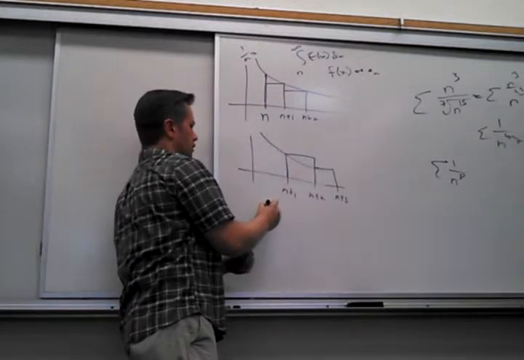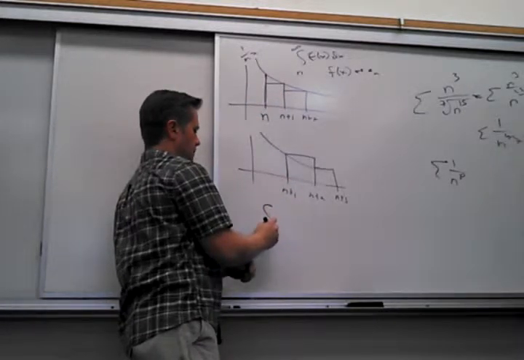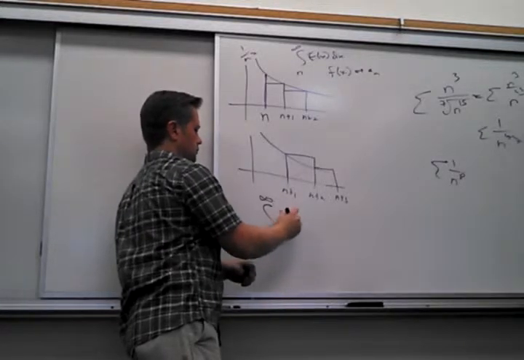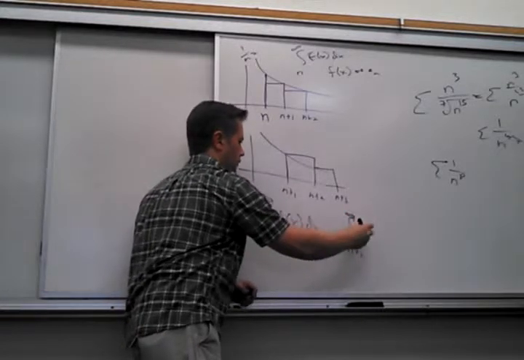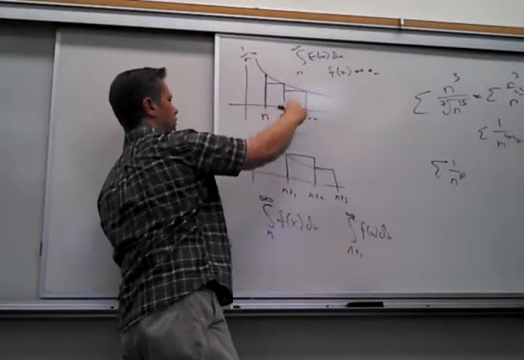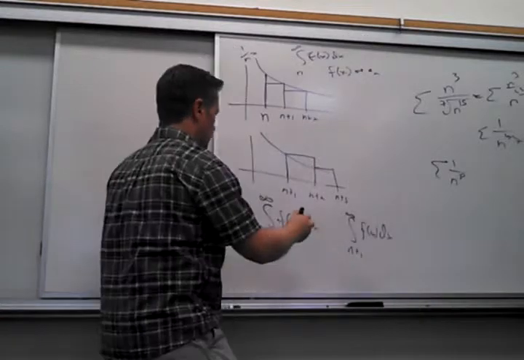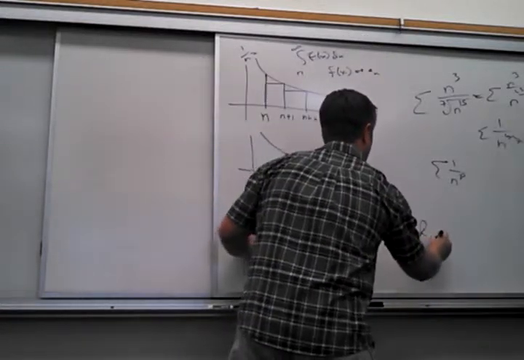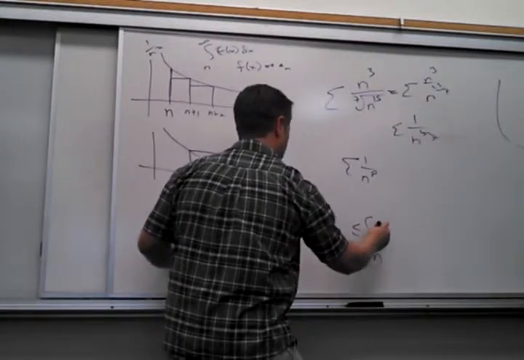So the error is actually going to be somewhere in between going from n to infinity and going from n plus 1 to infinity. So that's a little bit under, that's a little bit over. Actually I've got these backwards now. The remainder, the error in this thing is going to be in between those two intervals.